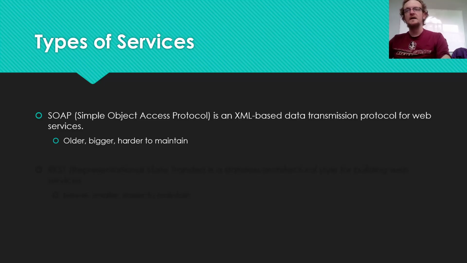In a couple of words, SOAP is older, bigger, and harder to maintain, largely because A, it's stateful, and B, it's bigger. XML compared to JSON is very large and verbose, so it takes a lot more resources to transfer information in that format.